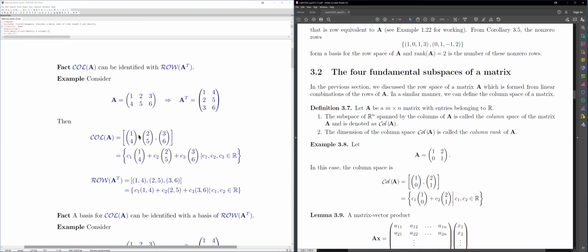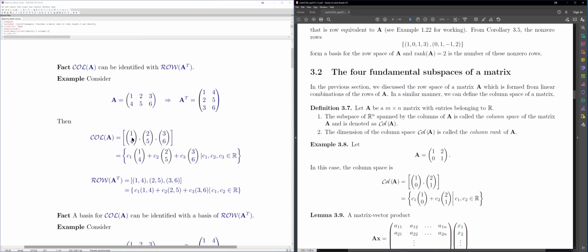Okay, so anyway, the columns that you're going to take the span of to form your column space would be 1, 4, 2, 5, and 3, 6. Notice when you form the transpose and you take the rows, you get corresponding rows. So here I get rows 1, 4, 2, 5, and 3, 6.